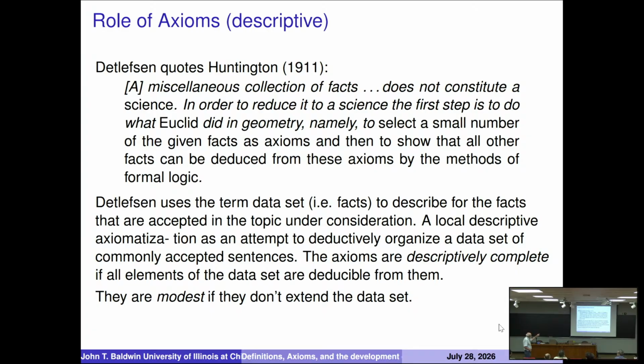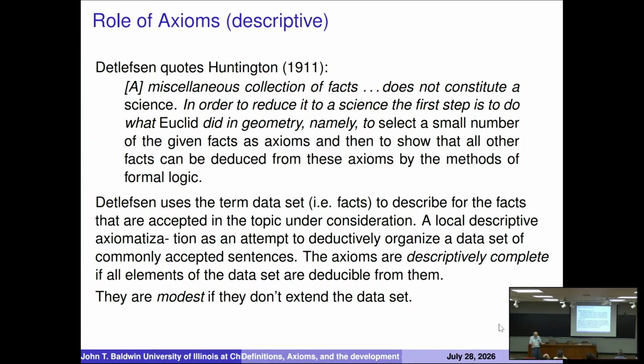And Detlefsen gives us a very modern word, right? A data set. This is a collection of assertions. And the data set that you're trying to axiomatize are the things that everybody now knows is true. It's what we think it means, right? A local descriptive axiomatization is an attempt to deductively organize a data set of commonly accepted sentences.